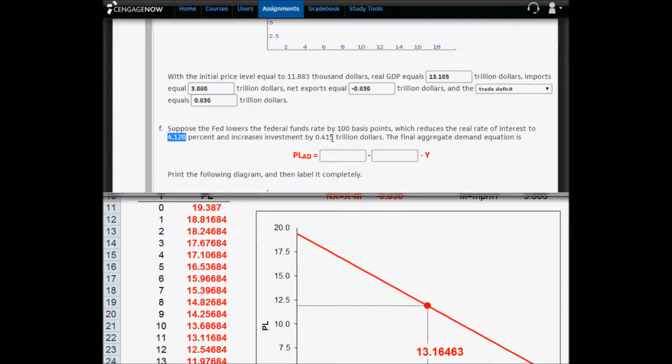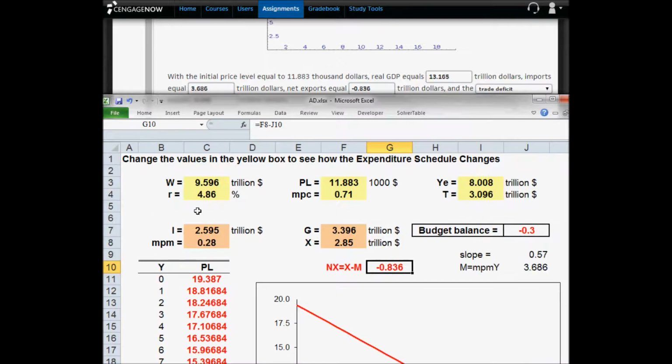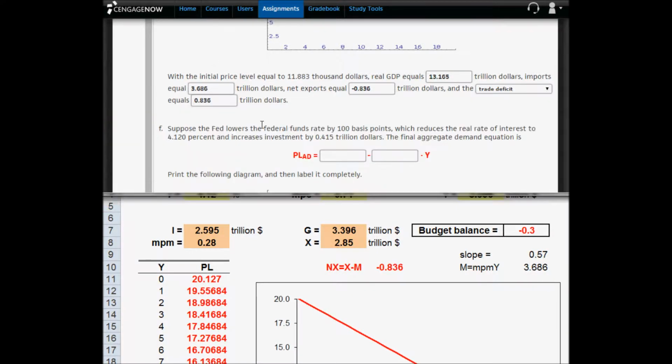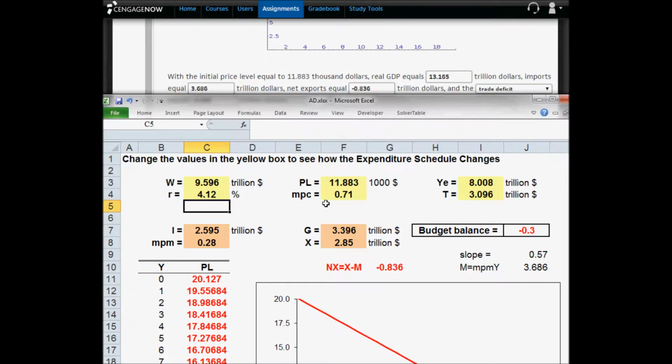So we're going to change the real rate of interest to 4.120, and increase the initial investment value of 2.595 by $0.415 trillion.